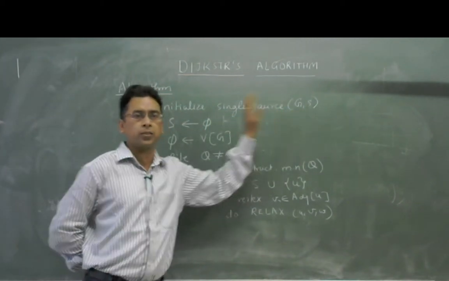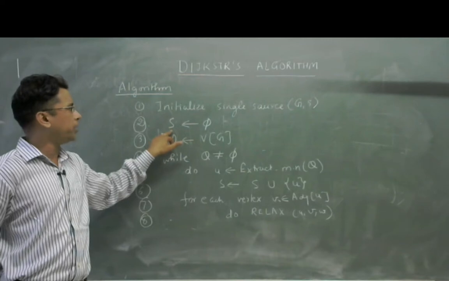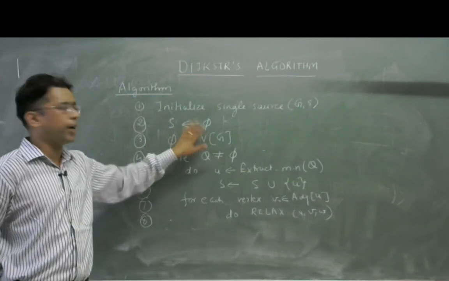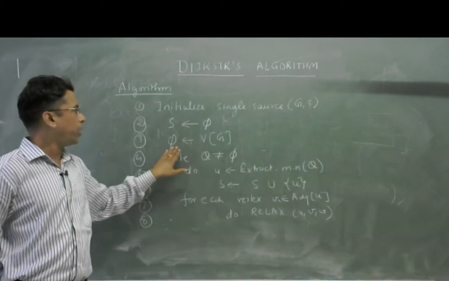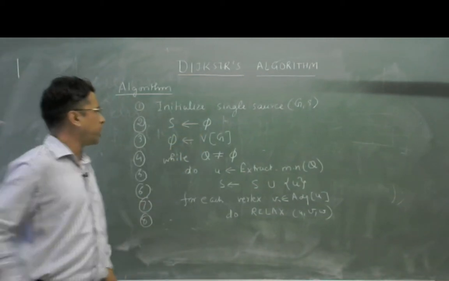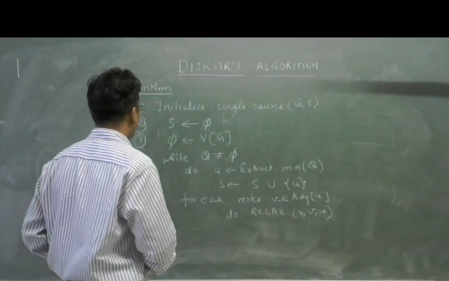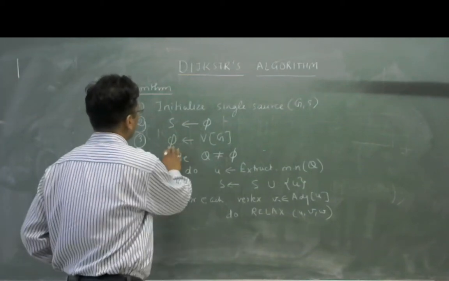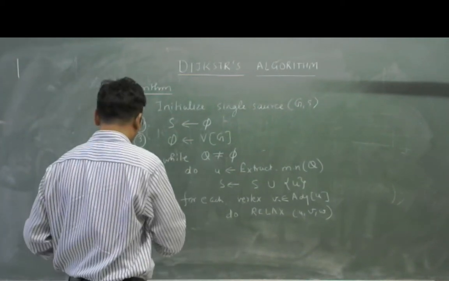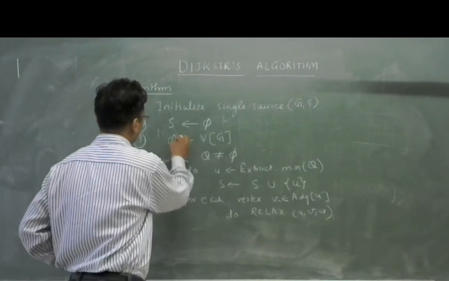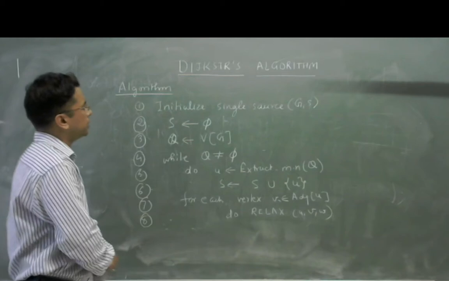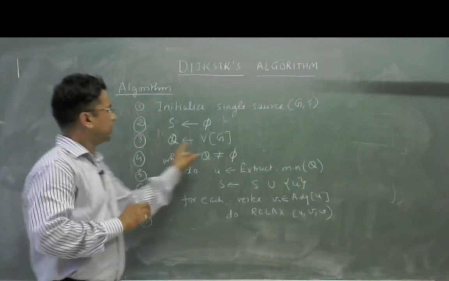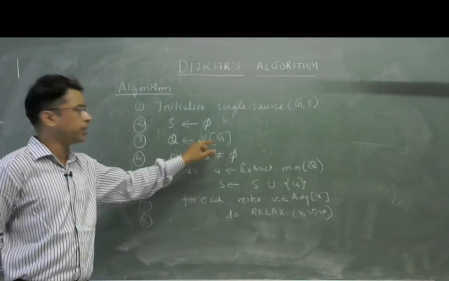In a given graph we shall select a vertex as a source S. After that we shall initialize a set S that will remain empty, and after that we shall initialize a set Q. This is Q, sorry, I have written it as 5. This is not 5, this is Q. I have initialized the set Q, that is the set of all the vertices that exist in the graph.